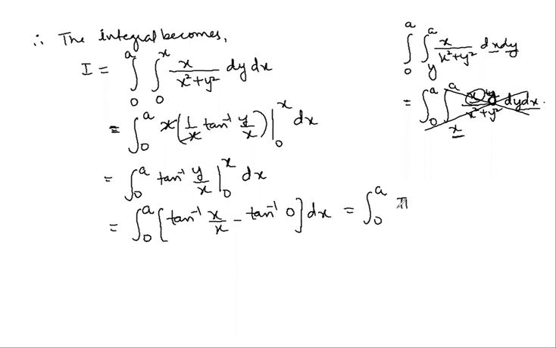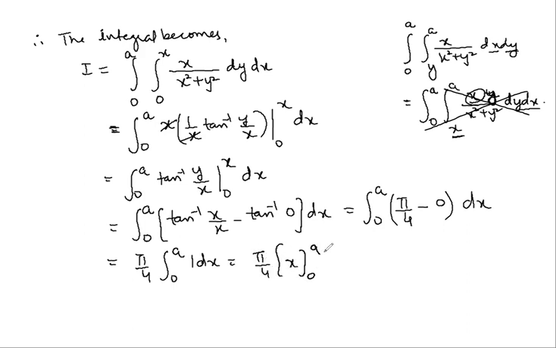Tan inverse 1 will be what? Pi by 4 minus 0. ठीक है, dx. And now pi by 4 will come outside. And this is integral 0 to a 1 dx. And pi by 4 x 0 to a. So pi by 4 a minus 0. This is pi a by 4 is the answer for the integral.